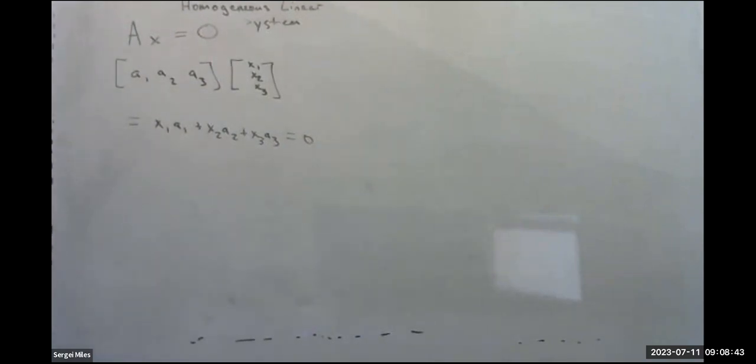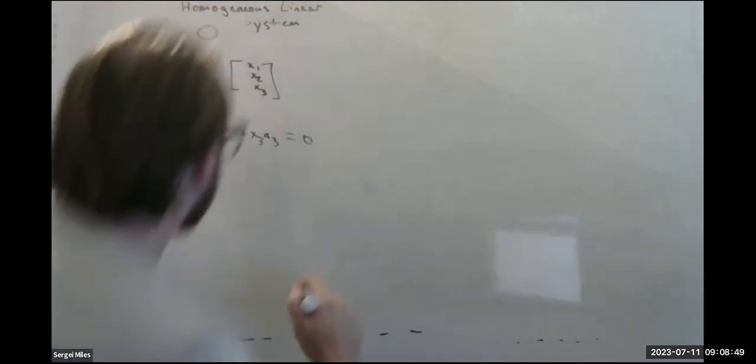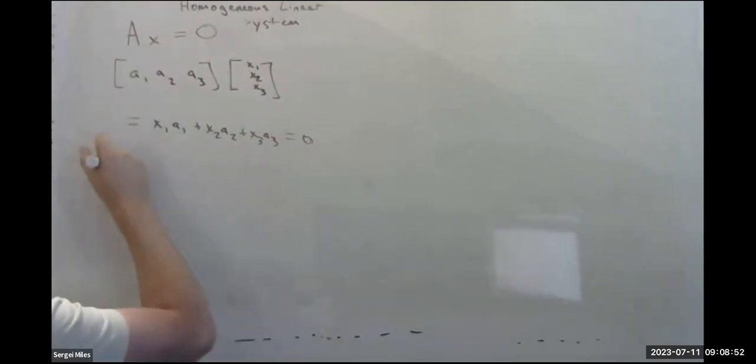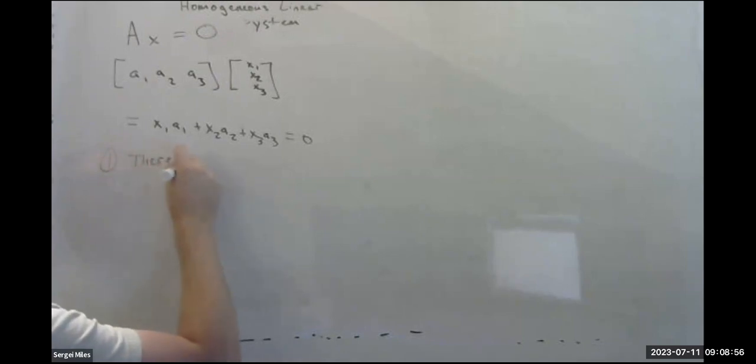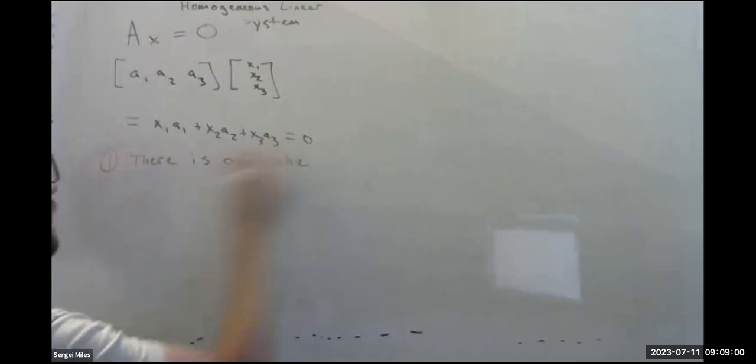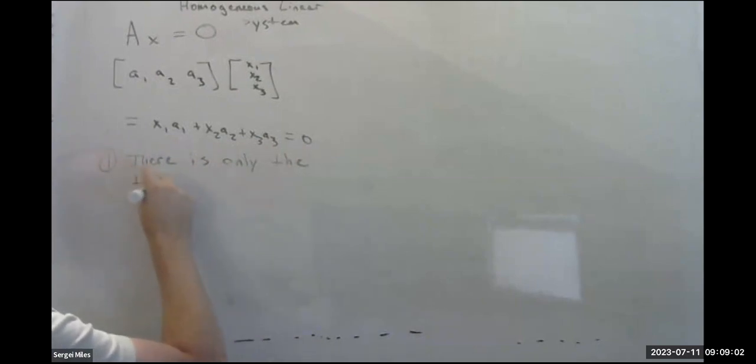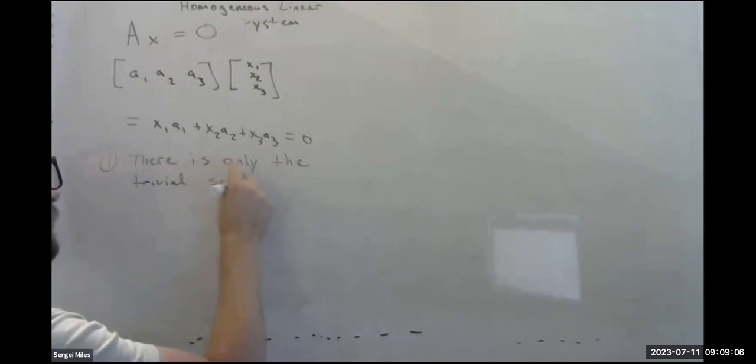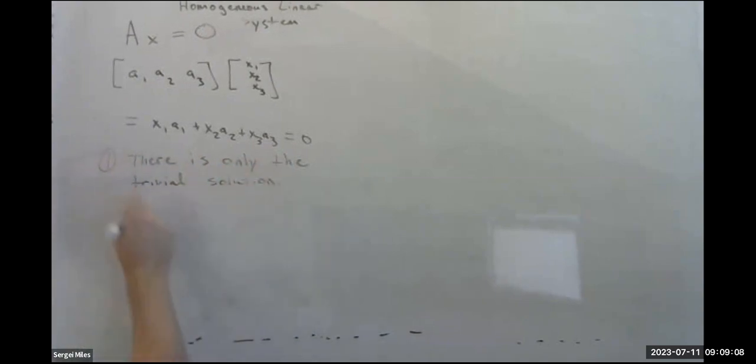So we had 2 cases that could happen here when we're taking this linear combination of the columns. Either case 1, there is only the trivial solution. And recall, when does this happen?